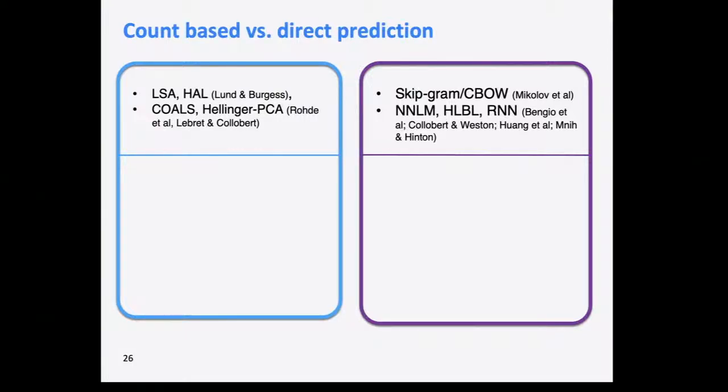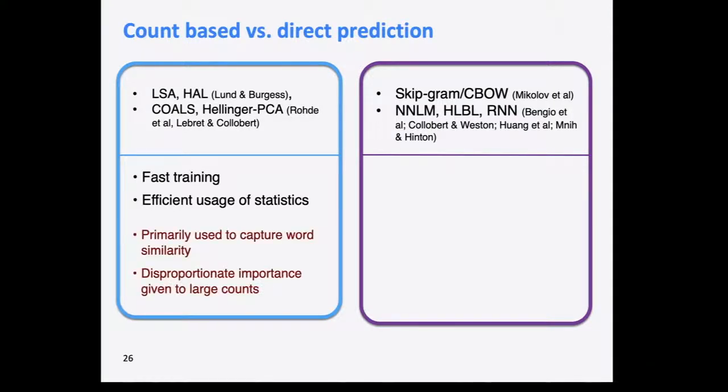It had some advantages, or it seemed it had some advantages: you're making efficient use of statistics because you're using the global statistics of the whole matrix directly to estimate things. Up until then, it had really only been used to capture word similarity, and a lot of it had suffered from disproportionate importance given to large counts. But Doug Rohde had started to show how to solve both of these problems.